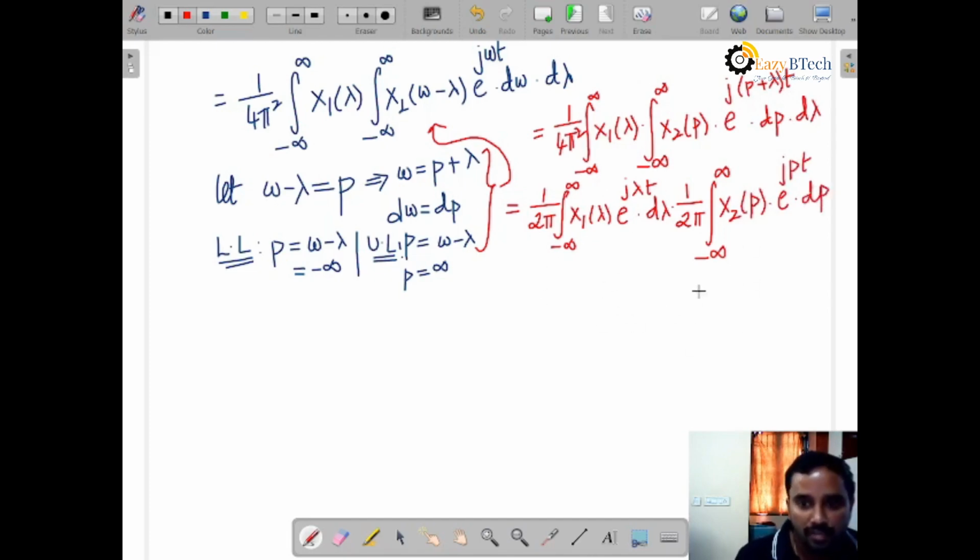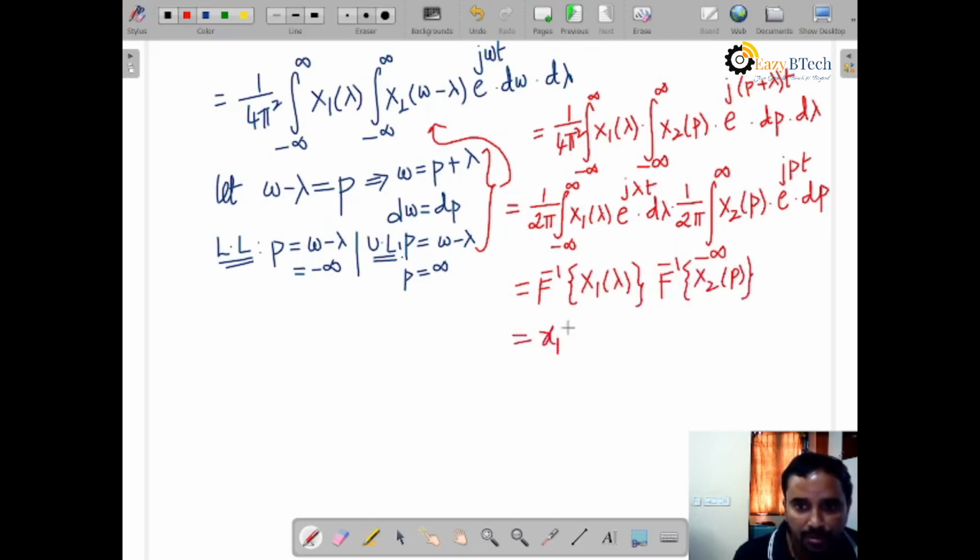Now if you observe carefully what these integrals indicate, 1 by 2 pi, again 1 by 2 pi, inverse Fourier transform formulas, right? The first one indicates the inverse Fourier transform of x1 of lambda, and the second one indicates the inverse Fourier transform of x2 of p. So already we know inverse Fourier transform converts into time domain, so x1 of t into x2 of t.